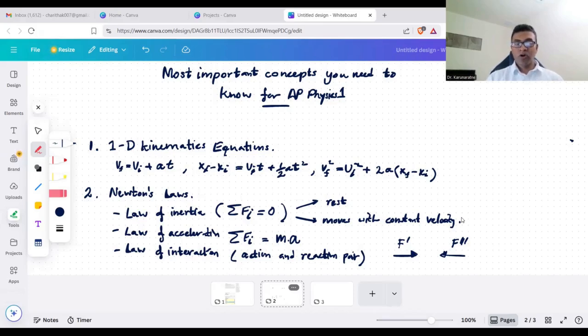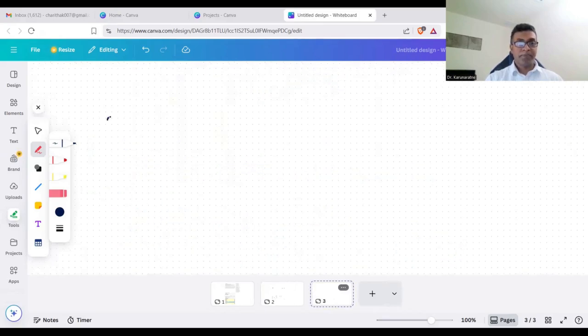Okay, so let's talk about the other concepts now. Number 3, conservation of mechanical energy. As you know, just like motion, energy is a very important concept in physics.